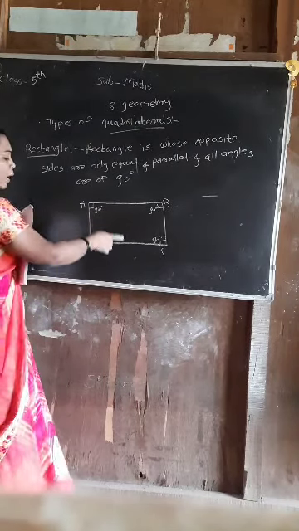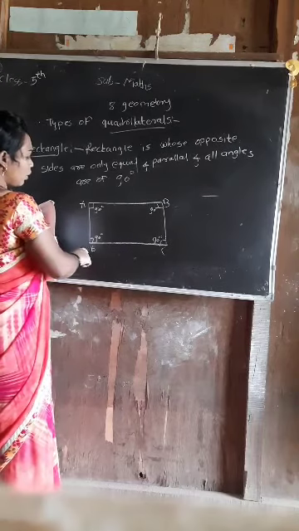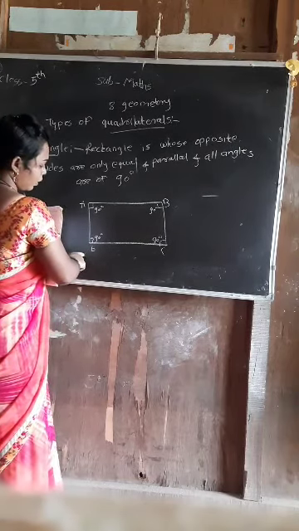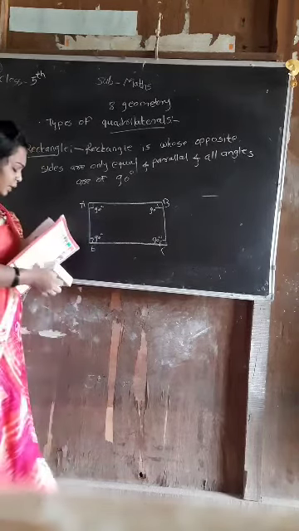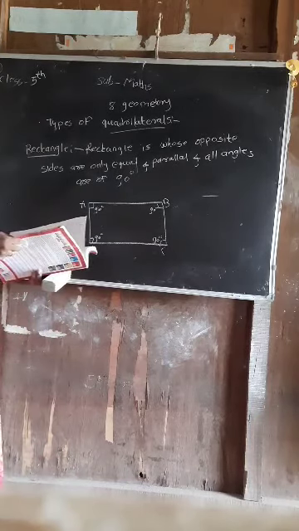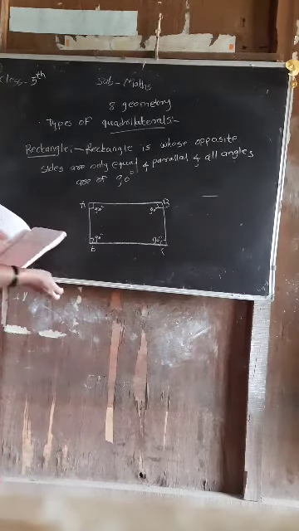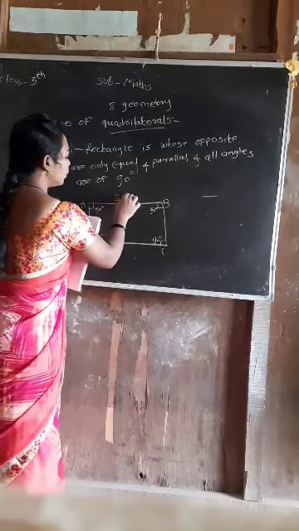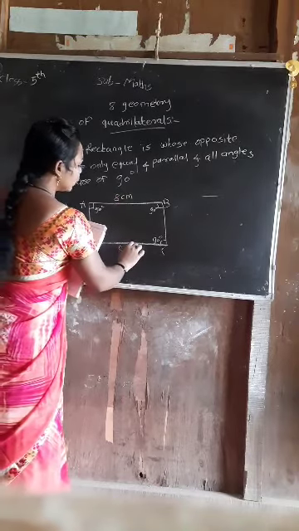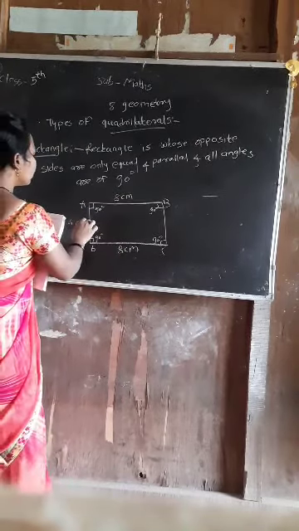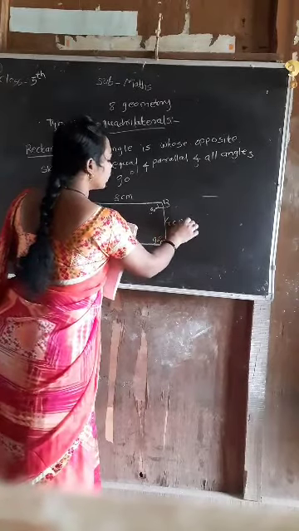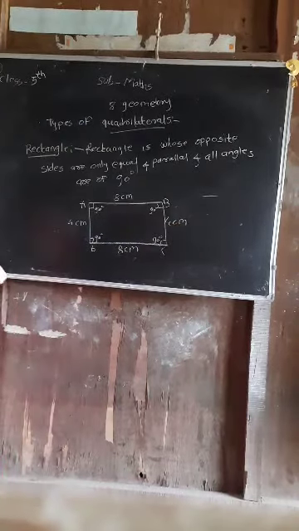That is, AB parallel to CD, AD parallel to BC. This side is 8 centimeter, here it is also 8 centimeter. This is 4 centimeter, it is also 4 centimeter. This is rectangle.